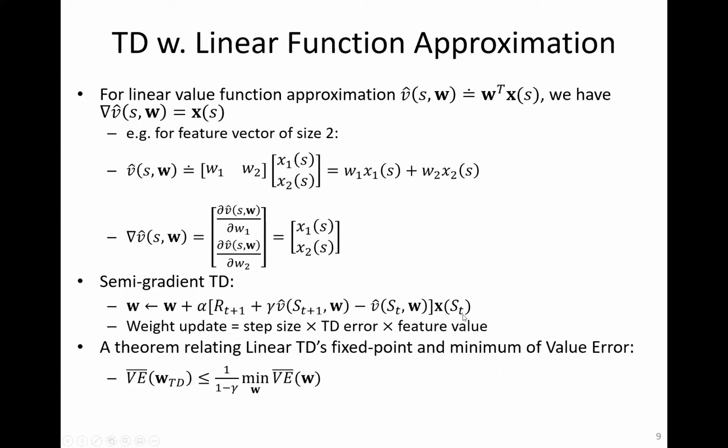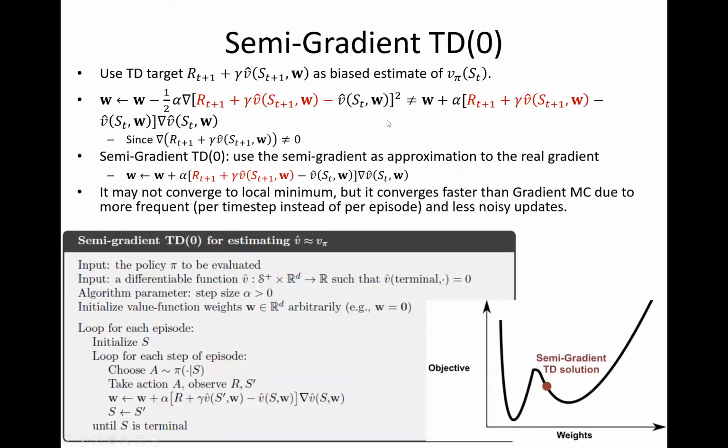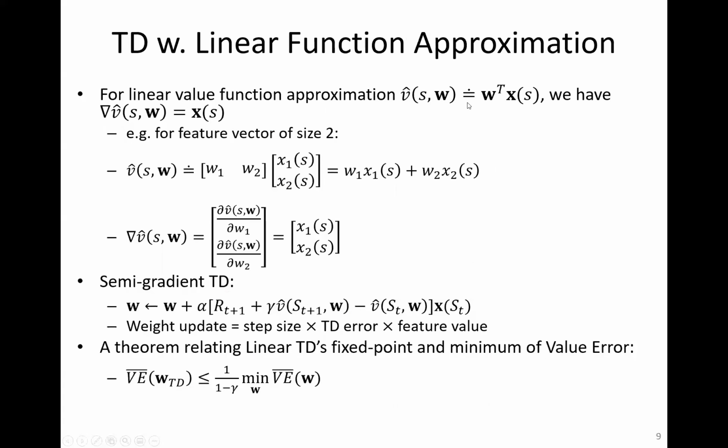That's the feature vector. Whereas before, we had this gradient operator applied to v hat. But here, v hat is a product of two terms, so it's simply x. So it's step size alpha times TD error times feature value. Notice it's a vector notation for both w and x.